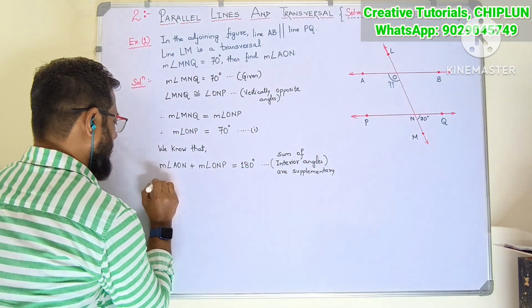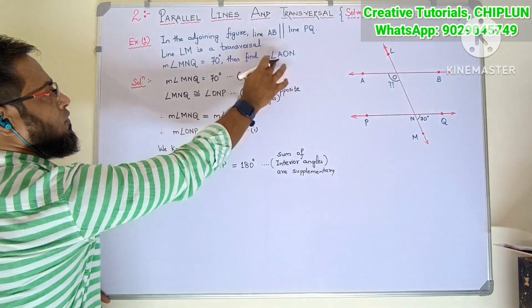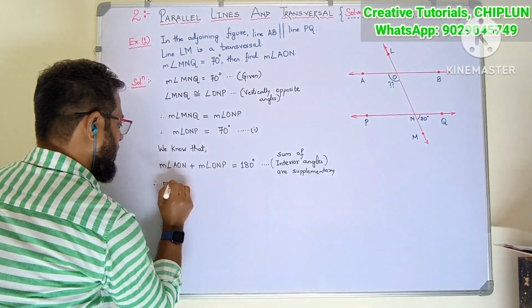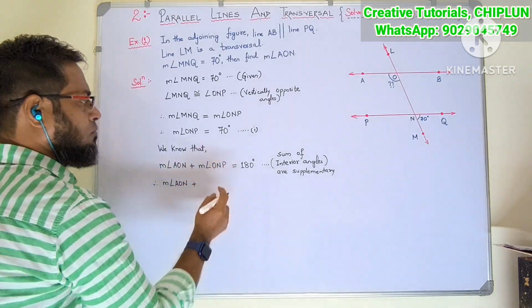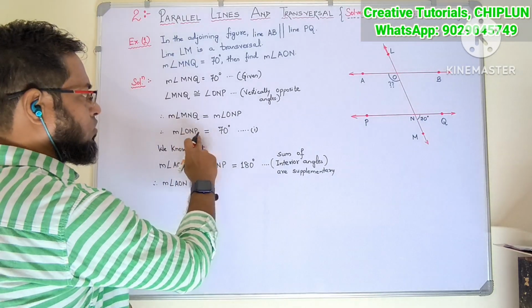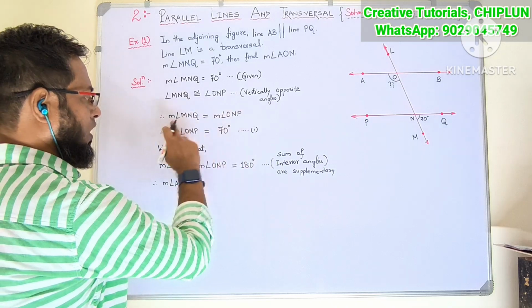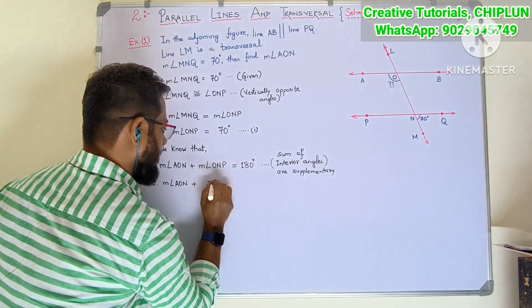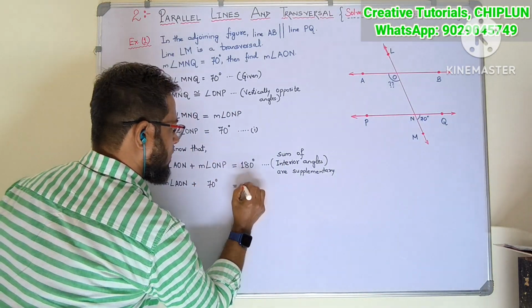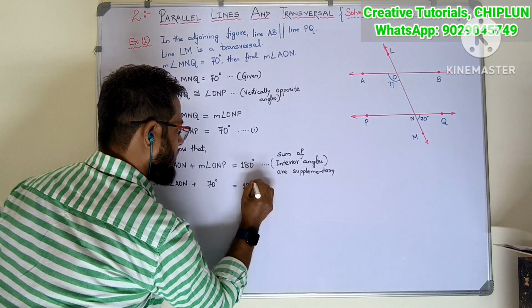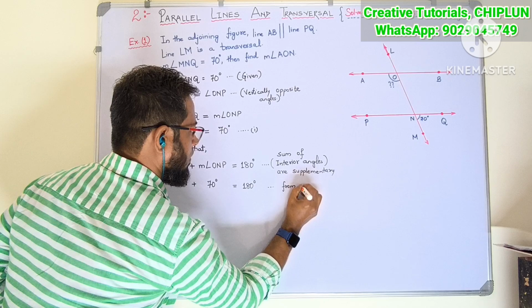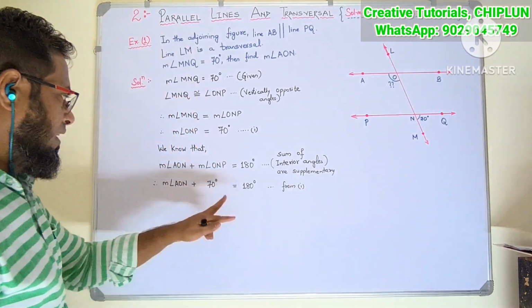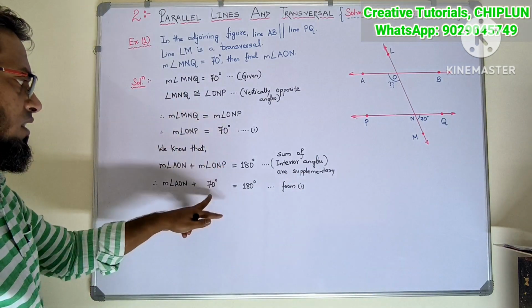All right, so therefore we get measure angle AON, we need to calculate. So this will come as it is, measure angle AON plus measure angle ONP. We have just got this one. You see, from here I will write 70 degrees, that is equal to 180 degrees. If you want, you can write from 1, because from 1 I have got this value of 70 degrees.